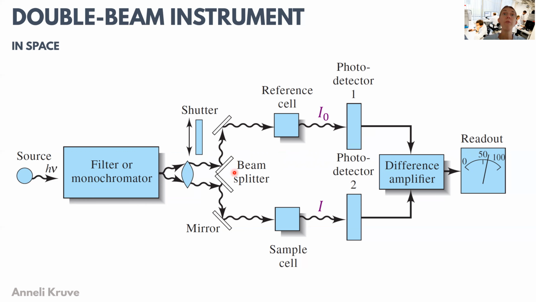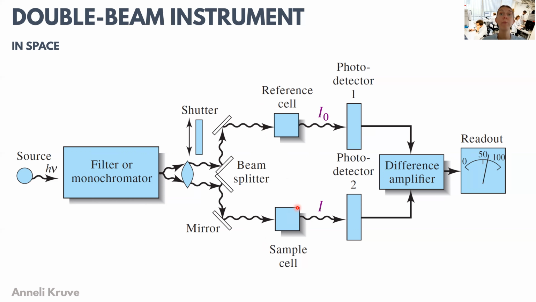And then we have a beam splitter here. So this beam splitter divides the beam into two equally intensive parts. One of these goes through the sample, and the other one goes through this blank cuvette, so a reference cell.